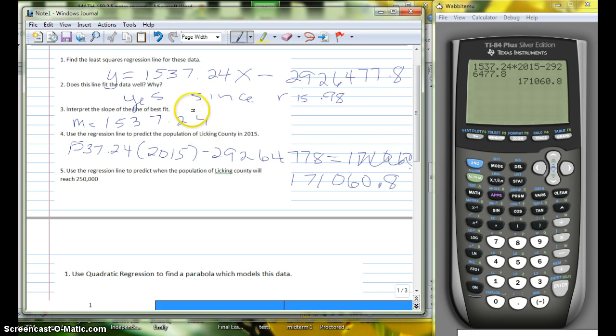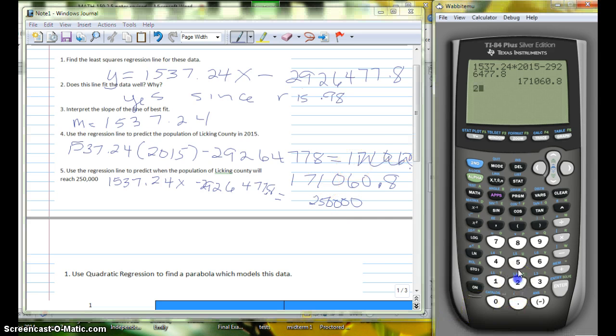Then number 5 says use the regression line to predict when it will reach 250,000. So to do that, we're going to set our regression line, 1537.24x minus 2926477.8, equal to 250,000, and solve for x.